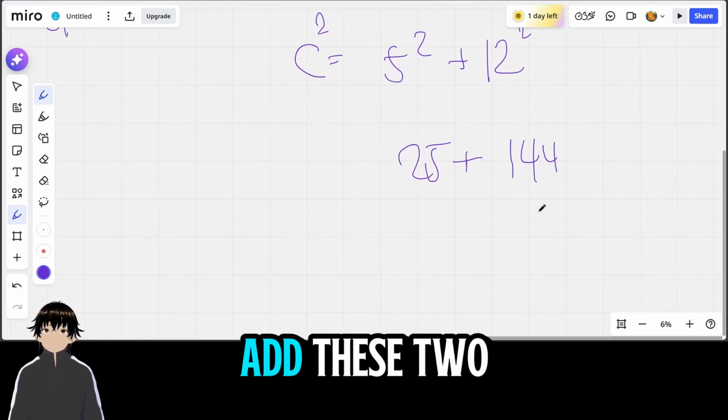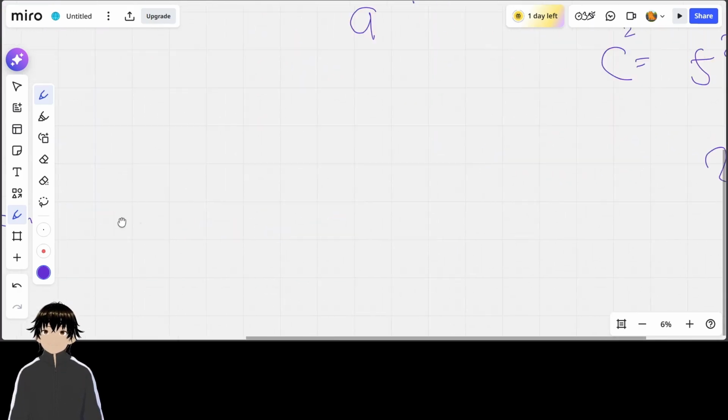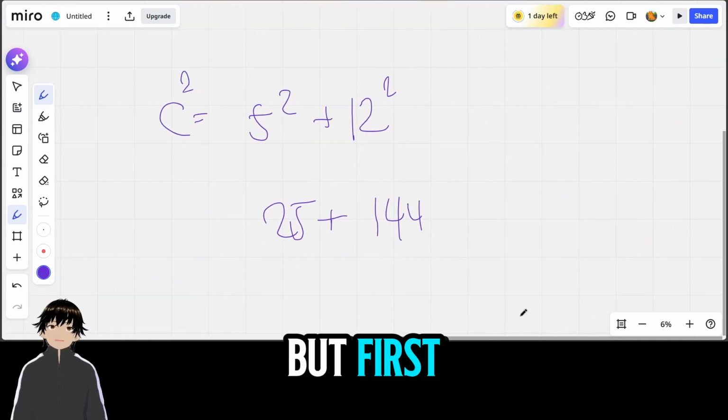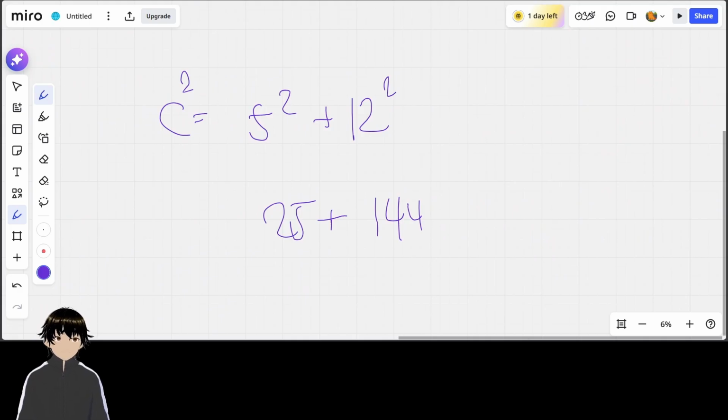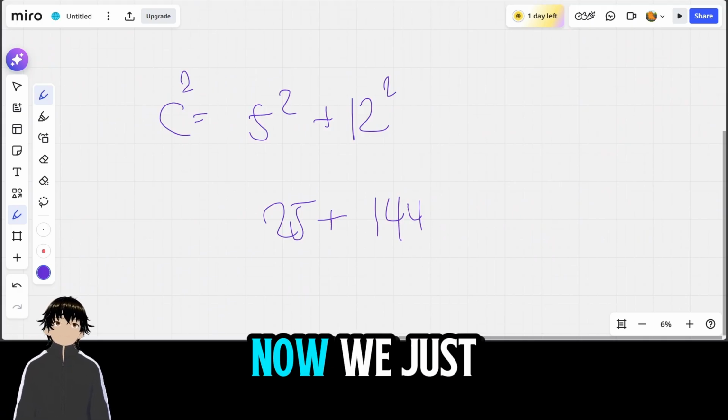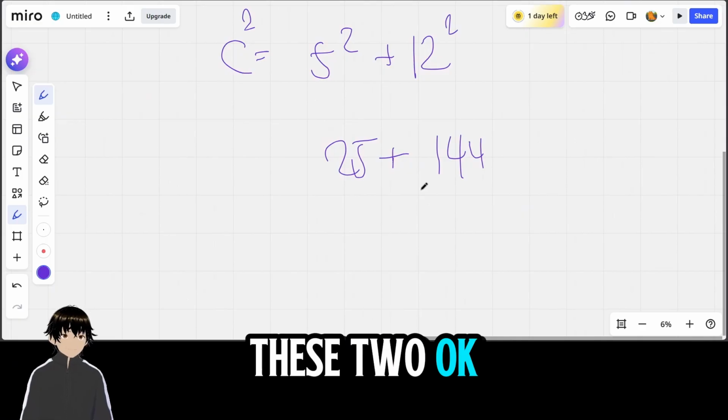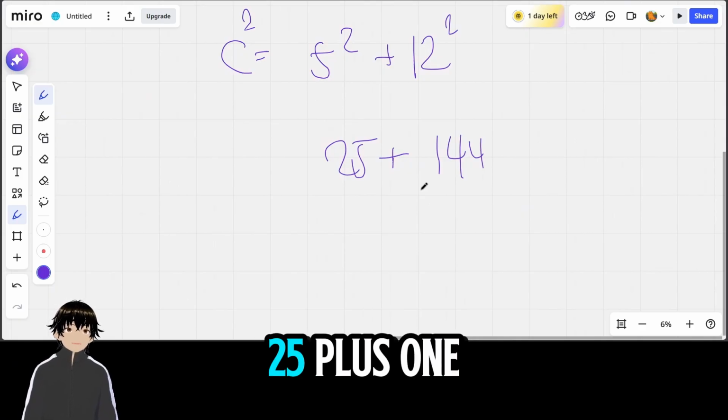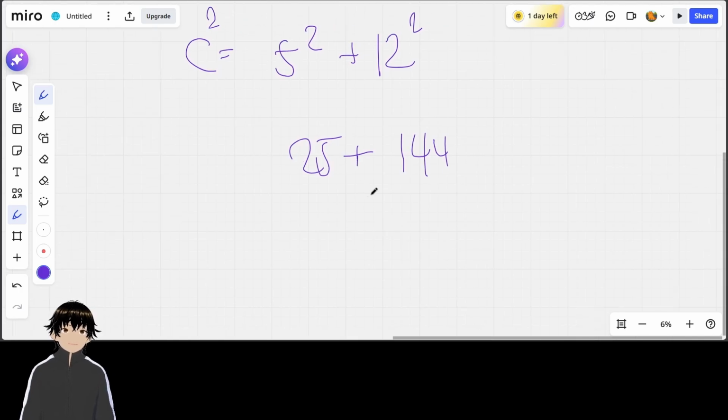So now we just have to add these two. So what is 25 plus 144? That's going to be 169.